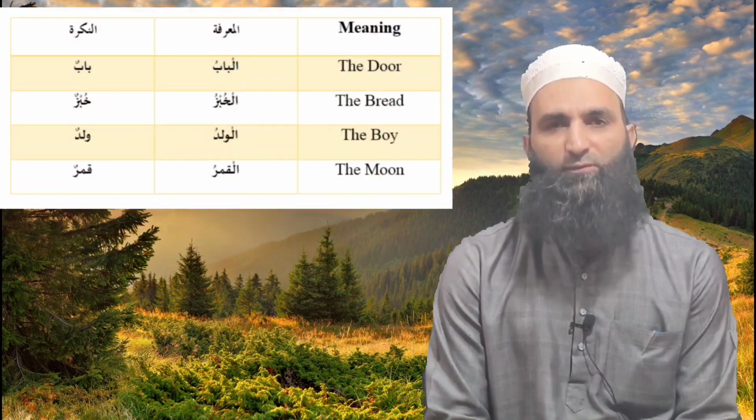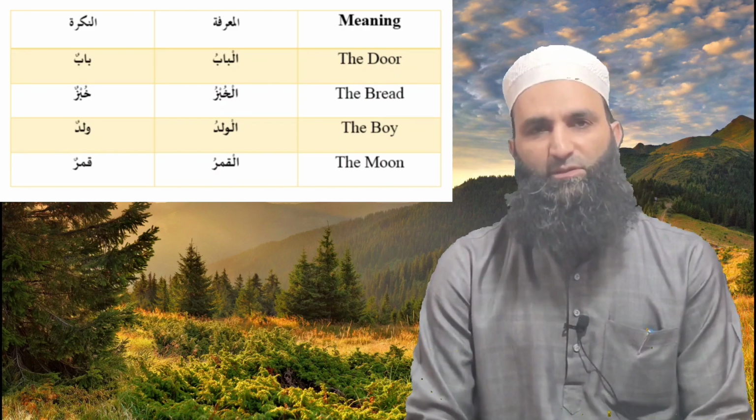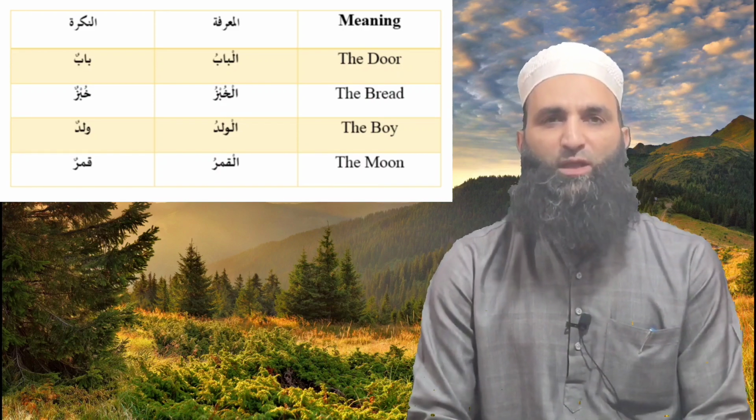In case of these moon letters, the lam of the definite article al, alif lam, is always pronounced, which you can see from the table in which we have given 4 examples.